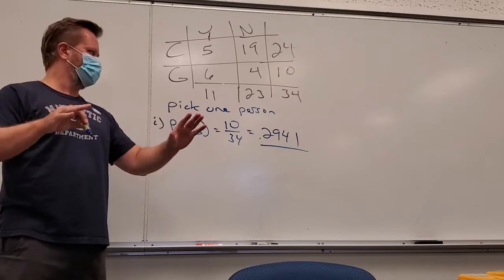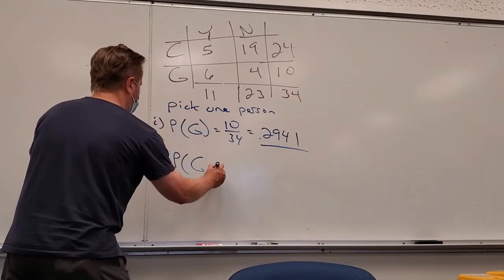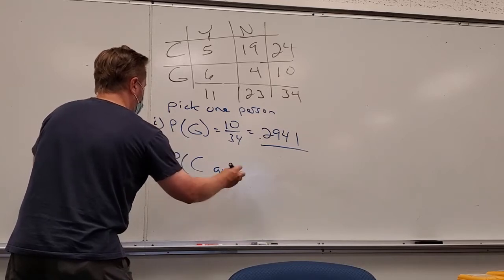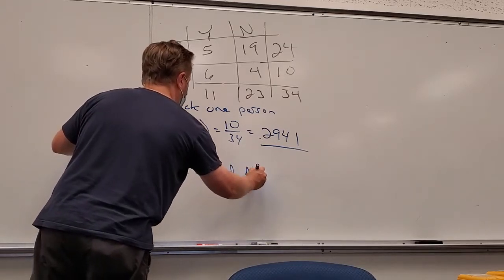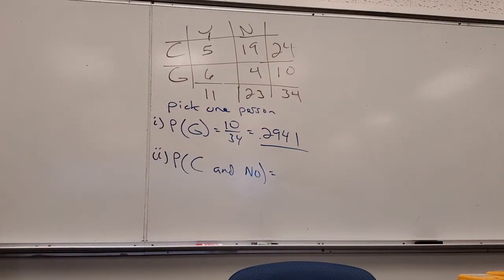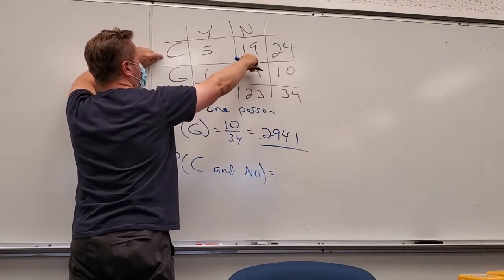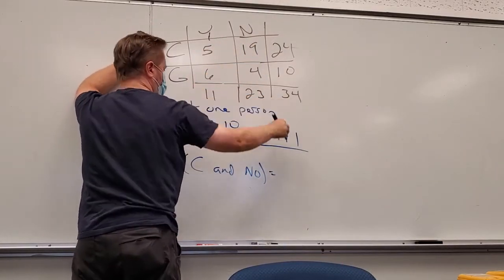Okay. So immediately, let's do something more interesting. If I pick one person, what's the probability I get a Queen Maka student who said no? 19 out of 34. Right? 19 match what I'm looking for out of 34 total.